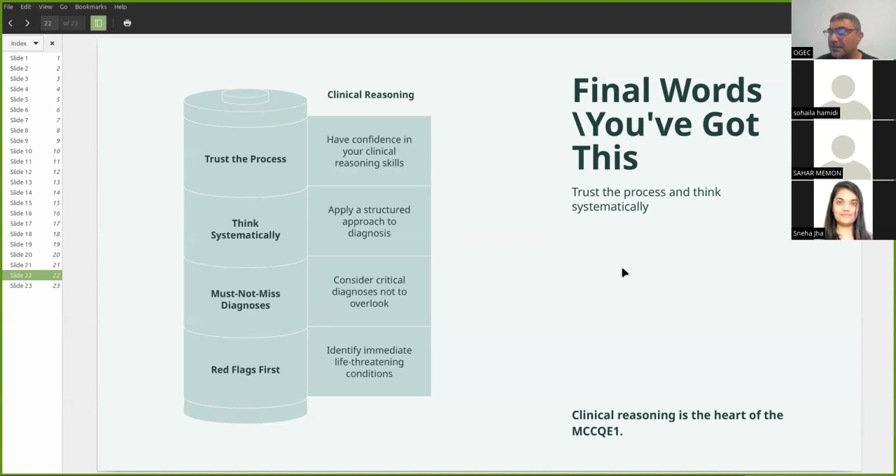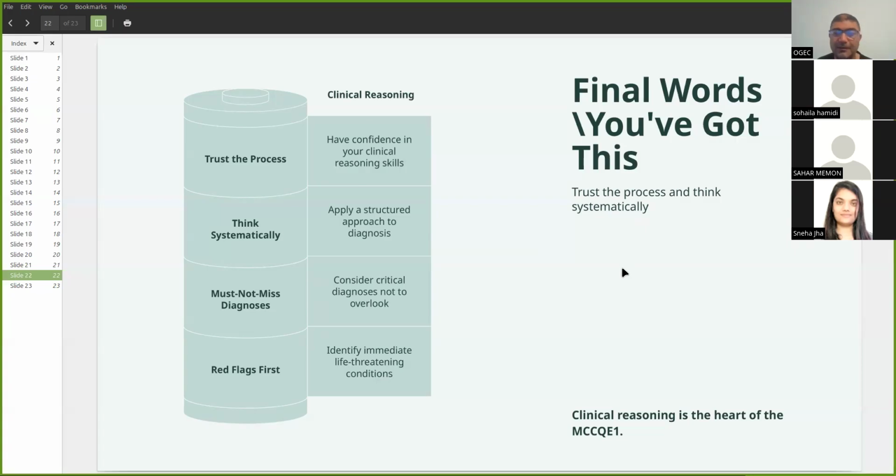So this is the last part of our lecture tonight. I have to emphasize that the clinical reasoning is at the heart of MCCQ1. It's the most important thing.